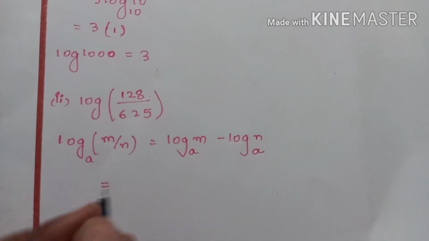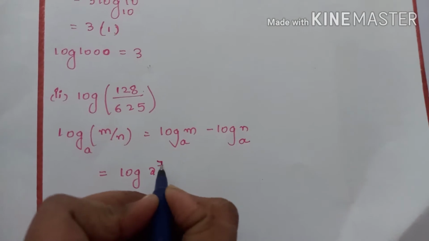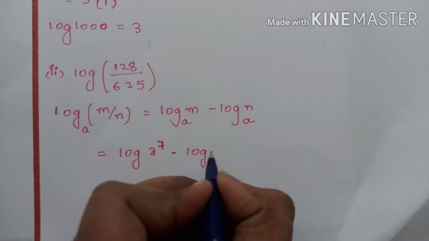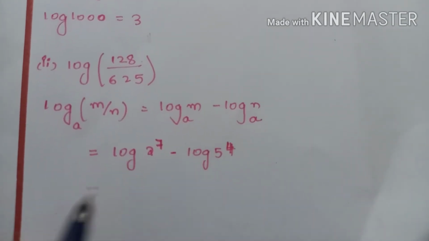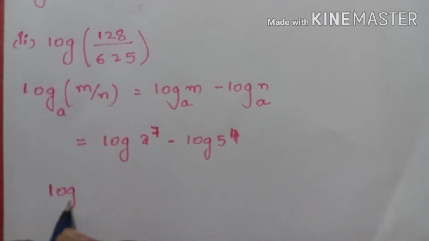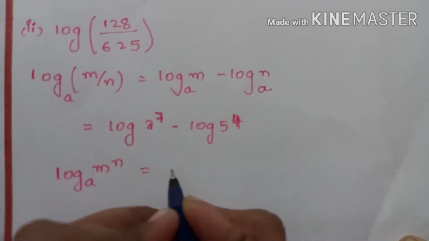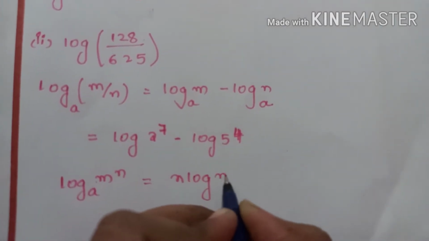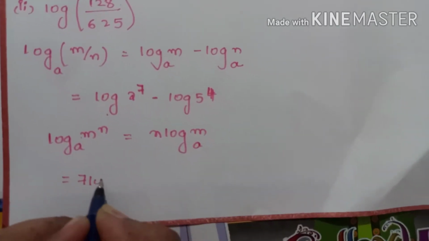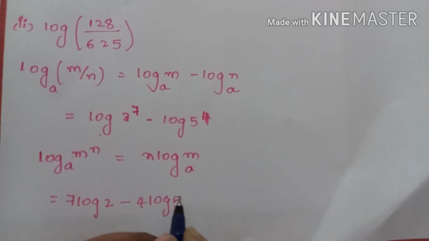That is, log 128 can be written as 2 to the power of 7, minus this 625 can be written as 5 to the power of 4. So we know the property that log m power n to the base a can be written as n log m to the base a. So these both terms can be written as 7 log 2 minus 4 log 5, and this is the answer for the first two questions.